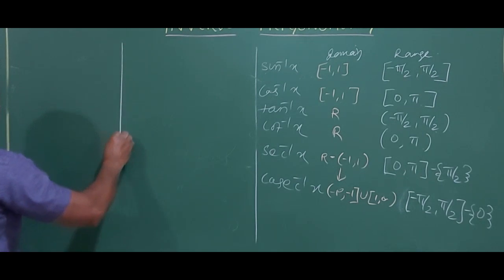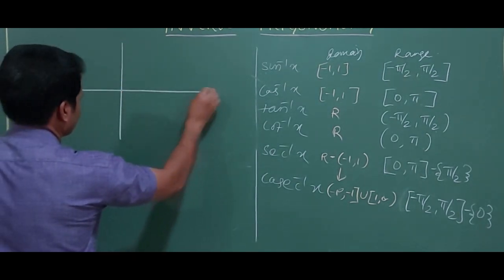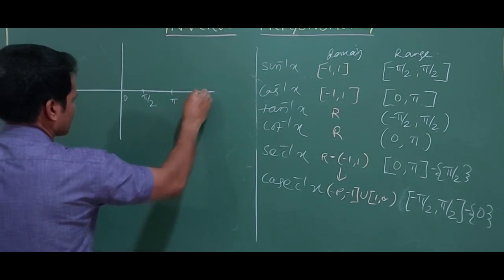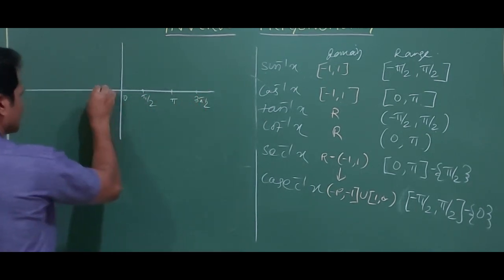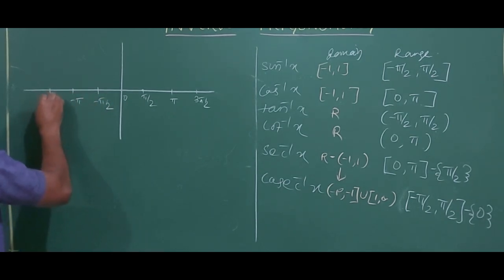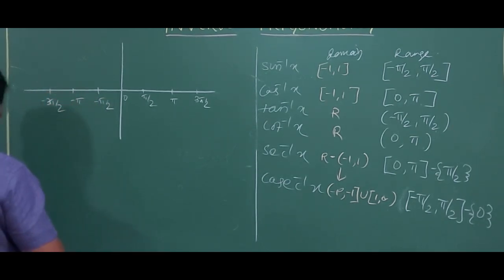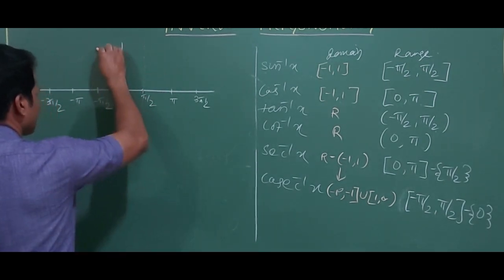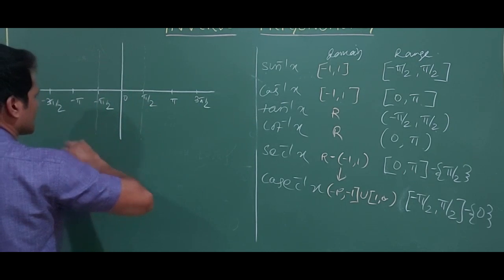Tan inverse graph, already I have told you what the tan inverse graph is. 0, pi by 2, pi, 3 pi by 2, minus pi by 2, minus pi, minus 3 pi by 2. Draw parallel lines at multiples of pi by 2. Why am I drawing parallel lines there? Because at those points the graph is not defined.